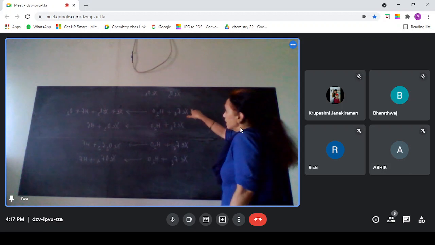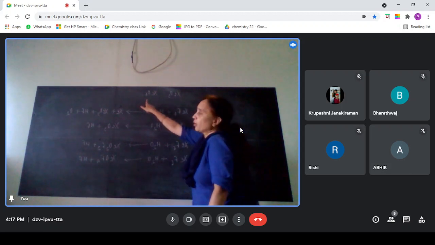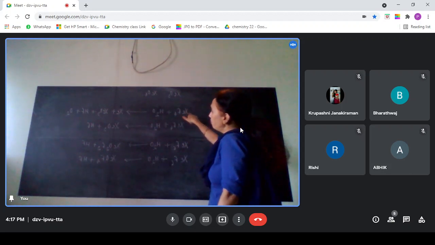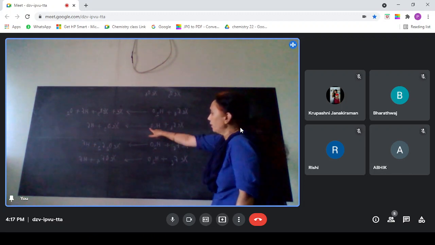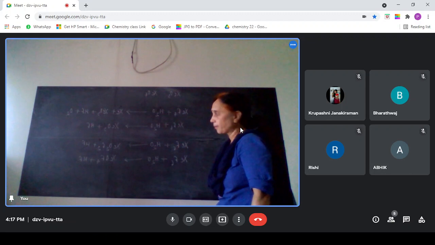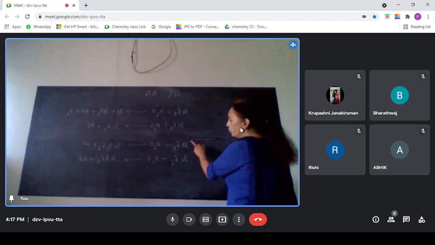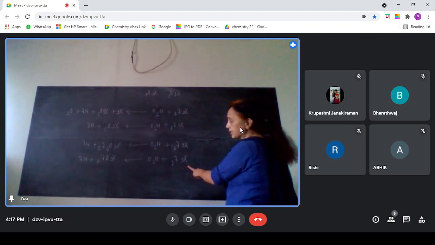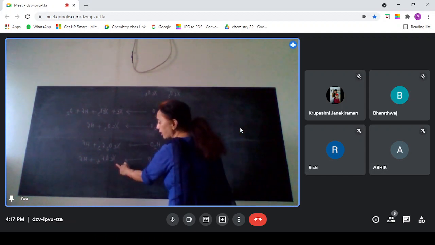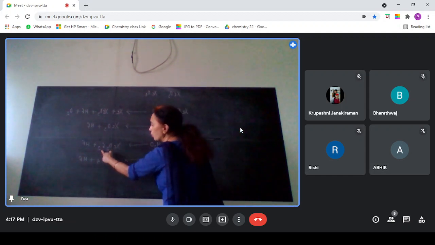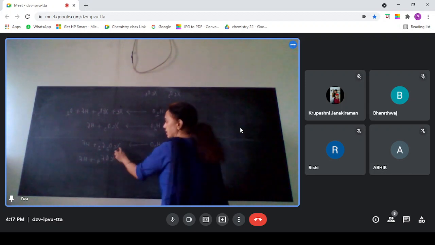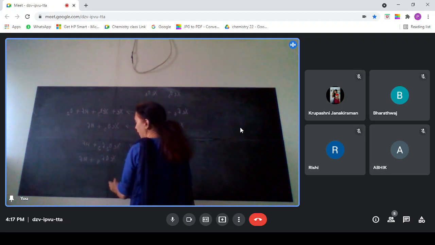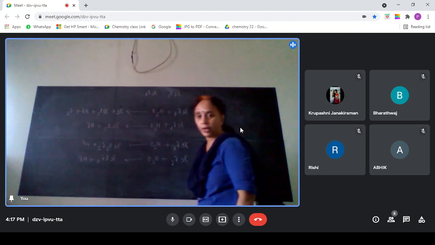So, xenon oxides are obtained by the complete hydrolysis of xenon tetrafluoride and hexafluoride with water. If you do partial hydrolysis of XeF6, you are going to get two oxyfluorides, XeO2F2 and XeOF4: xenon dioxygen difluoride and xenon oxygen tetrafluoride.